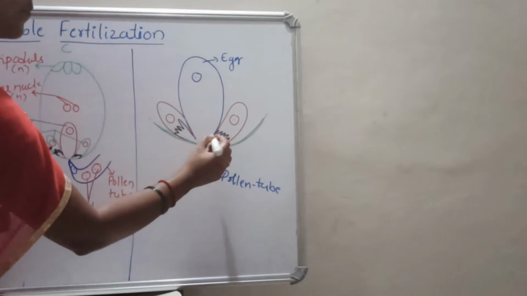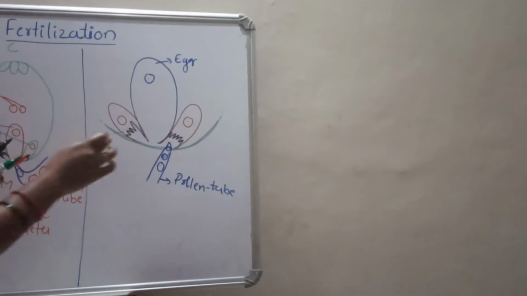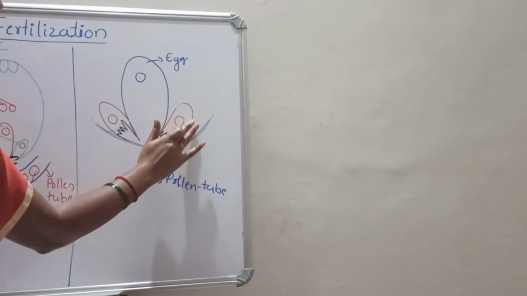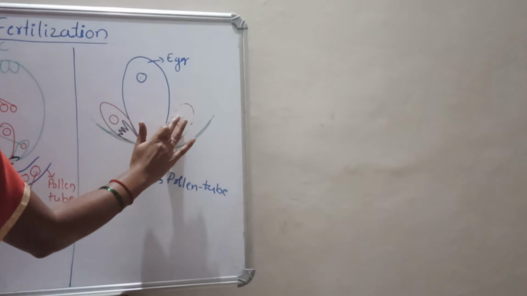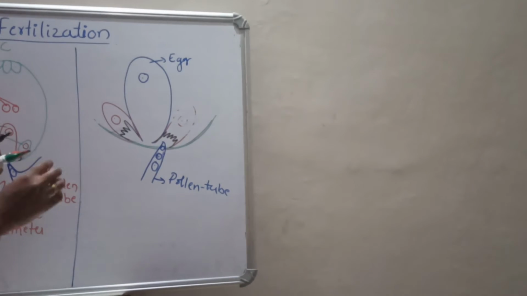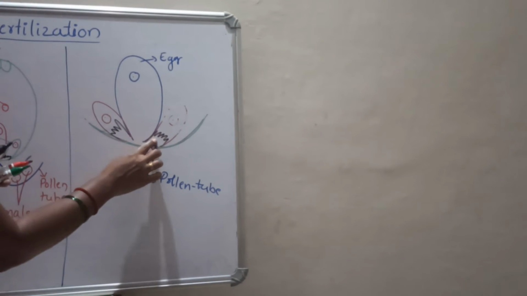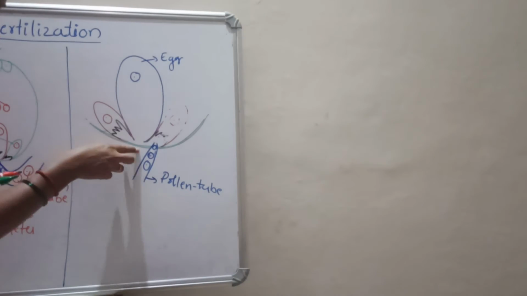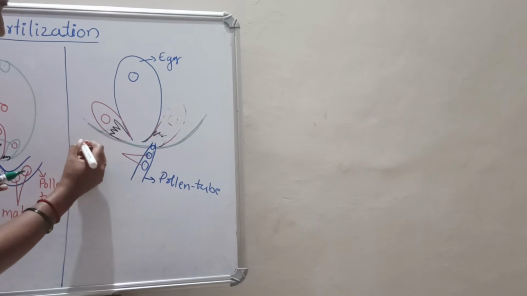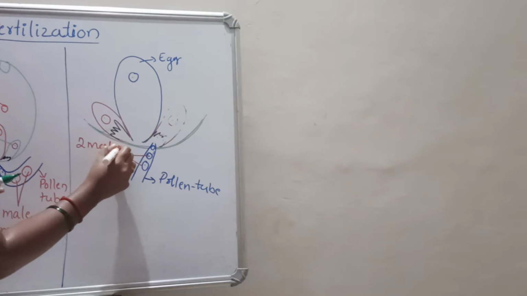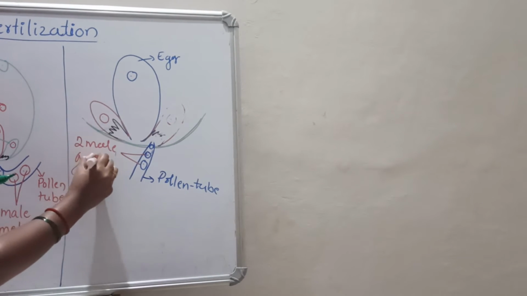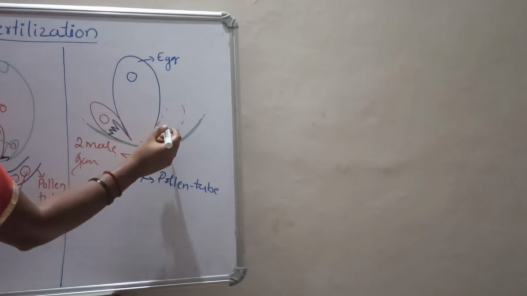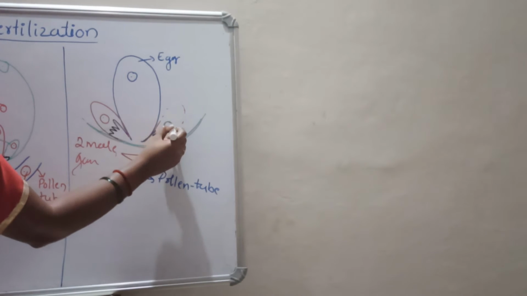At that time, the pollen tube enters into one of the synergid cells, and this synergid cell disappears. The pollen tube ruptures, and the two male gametes enter into the synergid cell.